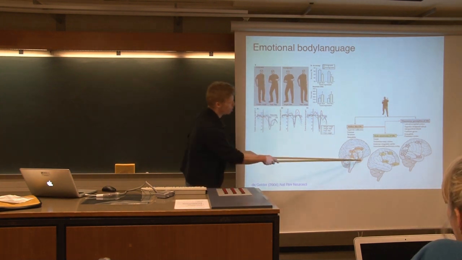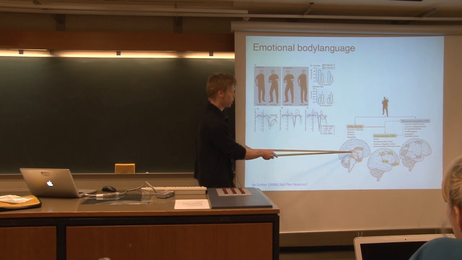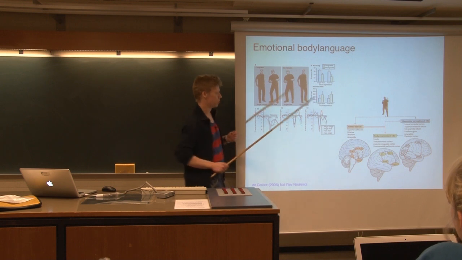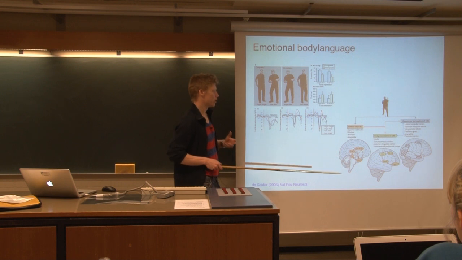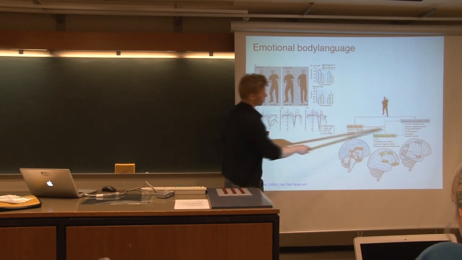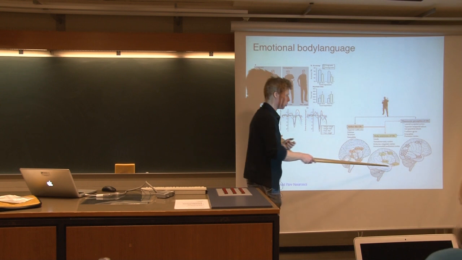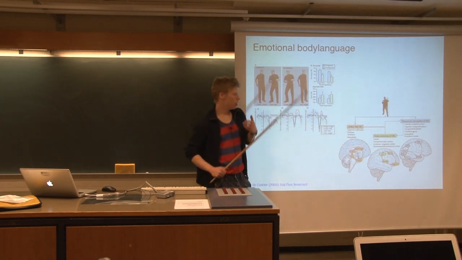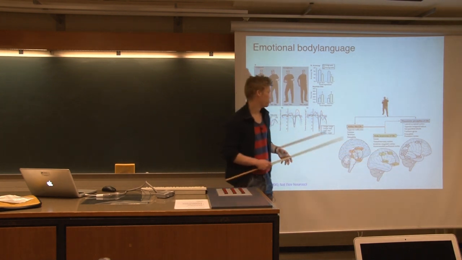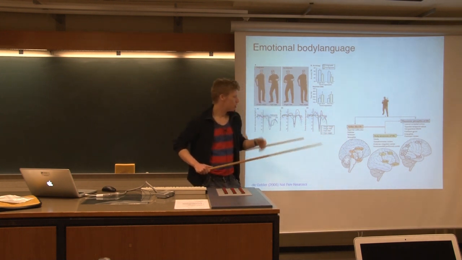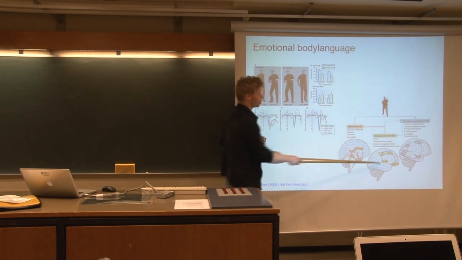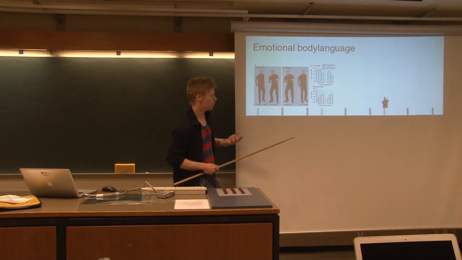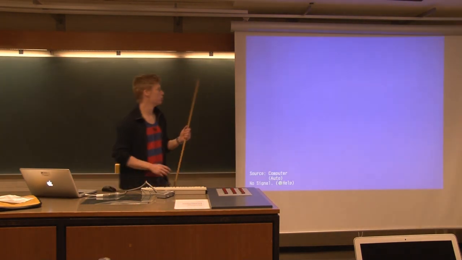So there are some circuitries here between the amygdala and the superior colliculus and the pulvinar of the thalamus and the striatum, which seem to react to emotional body language in a more reflex-like way. Some of these responses can then be coded to areas that are responsible for making a more conscious body awareness, schemes of body awareness, processes, so that you actually become consciously aware of this body language.